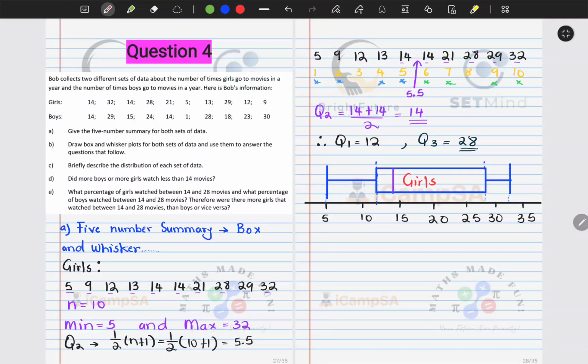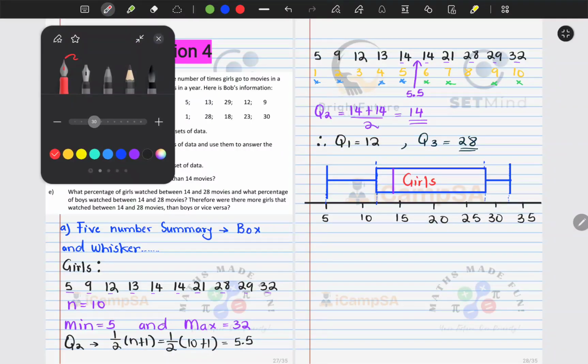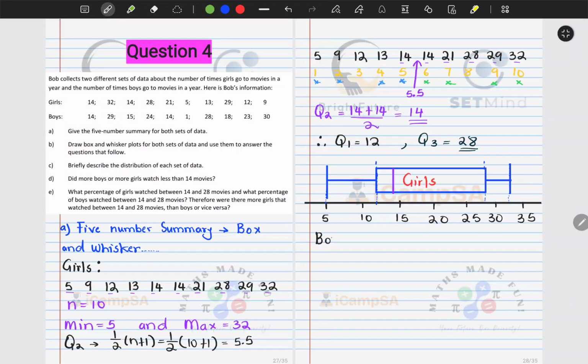So let's go ahead and have a look at boys. For boys, I also quickly need to rearrange this. So for boys, let's rearrange their scoring on the number of movies they watch.